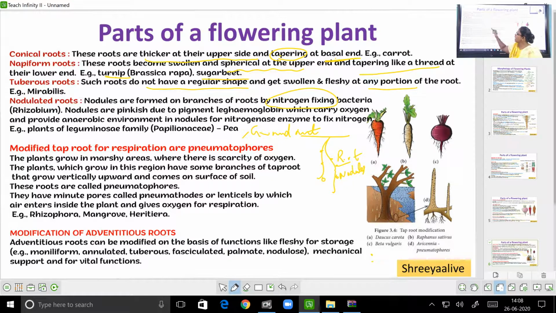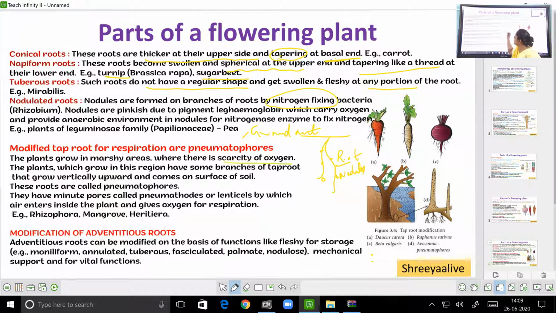Next, we are going to study modified taproot for respiration. They are called pneumatophores. What are pneumatophores? In mangroves, where the soil is rich in saline or salt content, the concentration of salt will be more. Because of that, some plants grow upward in marshy areas where there is a scarcity of oxygen.